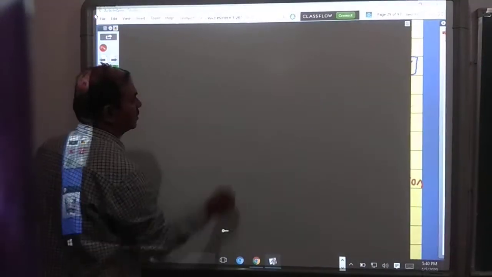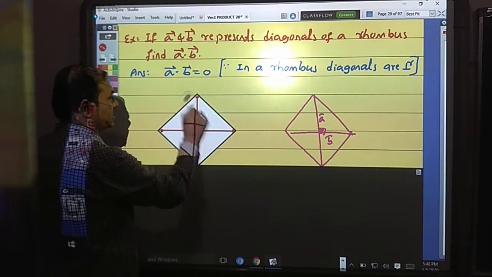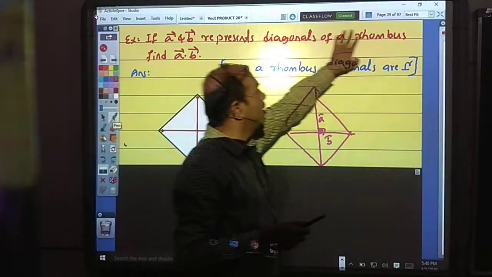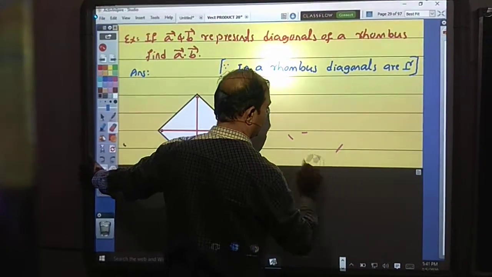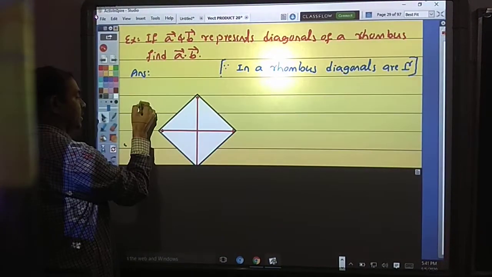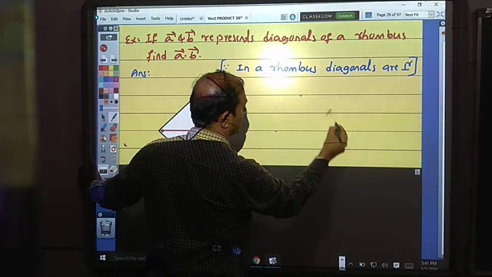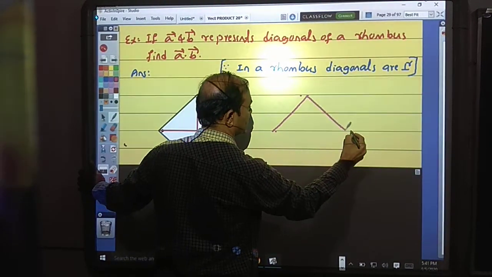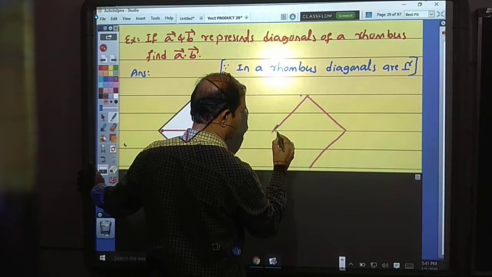Again, it is asked in the question: A and B represent diagonals of a rhombus. You know, a rhombus is a figure like this.